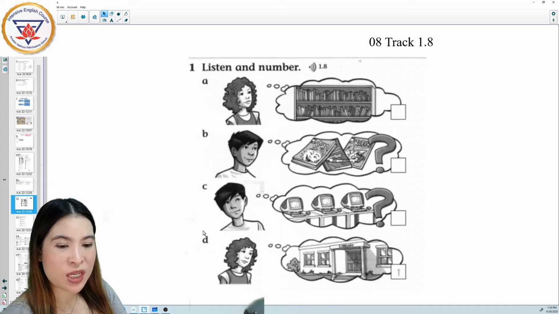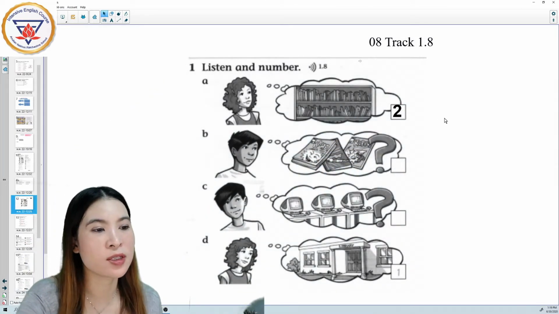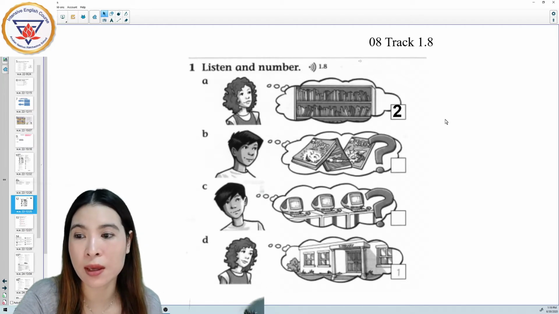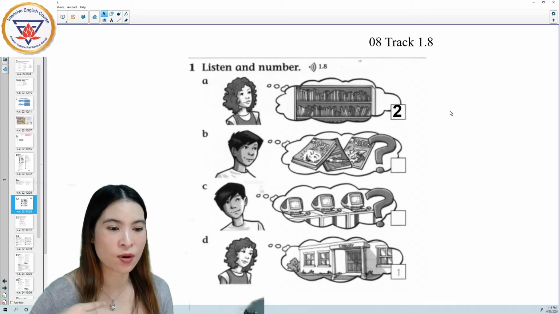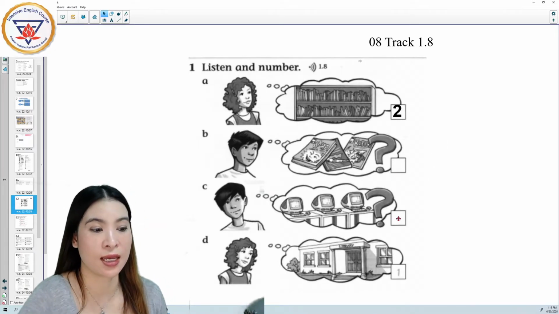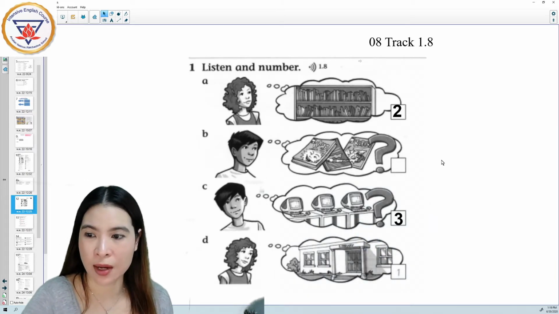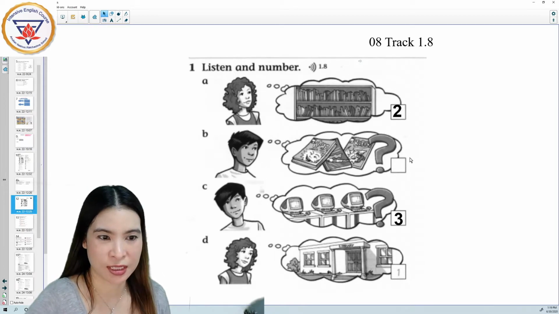D is 1, and then what picture is number 2? Picture A. What picture is number 3? They were talking about computers, so that has to be picture C. And the last one, they were talking about comics, so it is picture B.